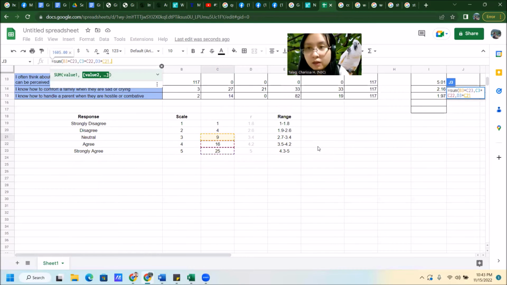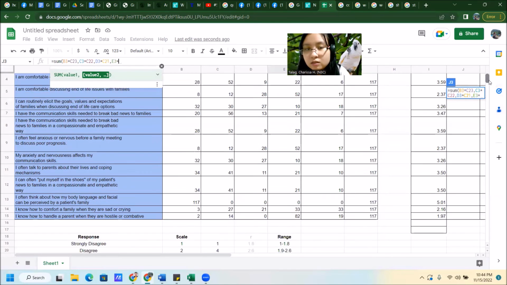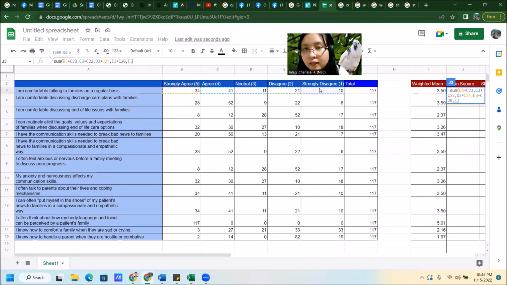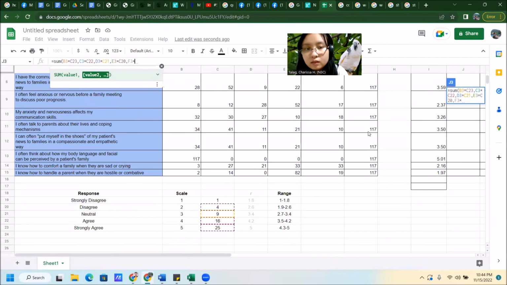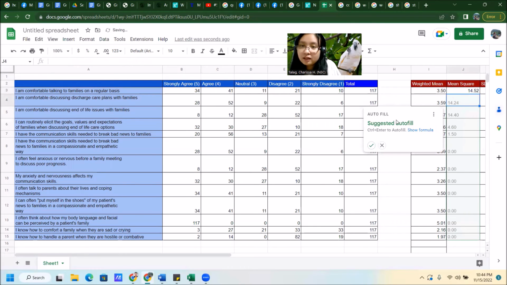Napindot ko ba? Okay. Plus 21 times disagree is 4 plus 10 strongly disagree times 1, divided by population. Click ko lang. 117. Enter. Ayan.